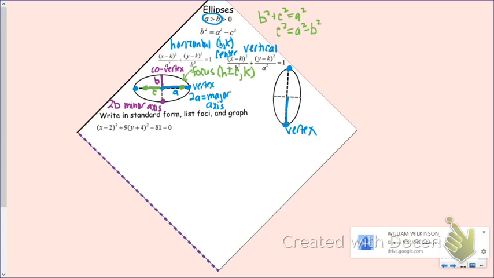Just notice the larger number, a, is the larger number. So if the larger number is below the y, it's bigger up and down. So there's my a. So my major axis now is this vertical axis. My minor axis now, there's my b value. There's my co-vertex.